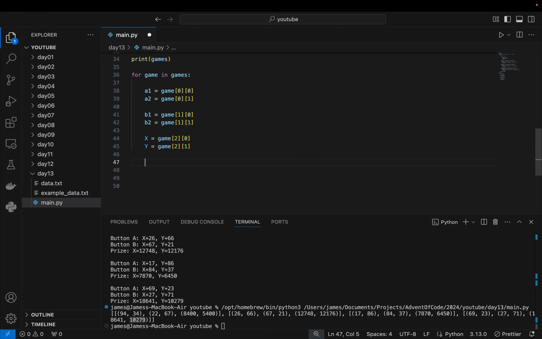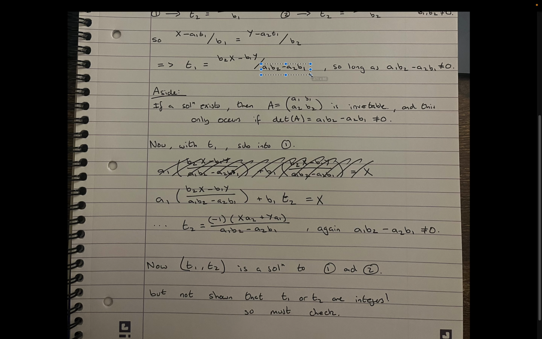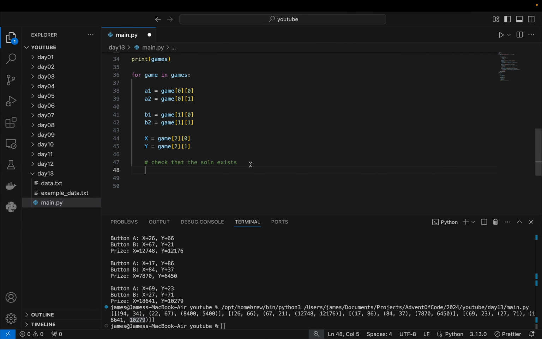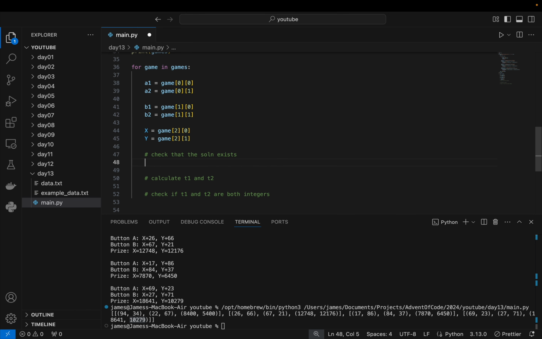And now what we want to do is say we want to check that the solution exists. And we can do that with the determinant that we had here, making sure that this thing is not 0. And then after we've checked that it does exist, we can go ahead and calculate T1 and T2. And then we can check if T1 and T2 are both integers. Great. So how are we going to check to see if the solution exists?